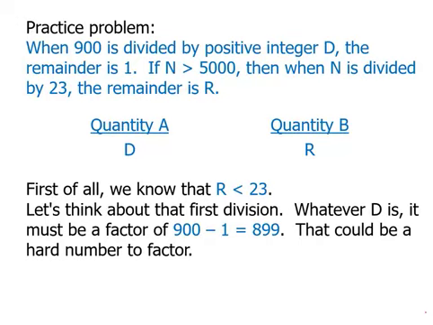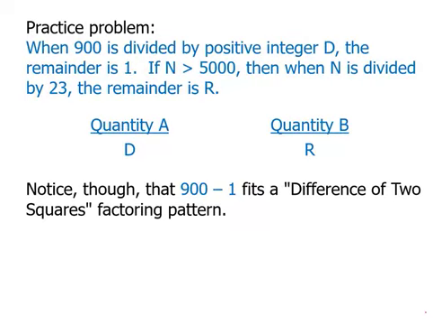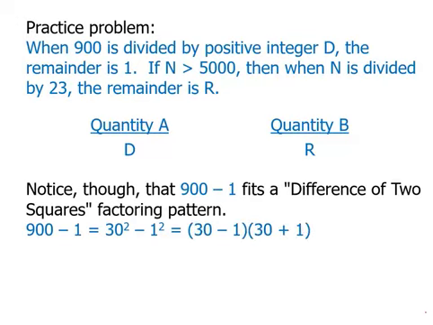Well, it might look like that's a number hard to factor. But you may remember from algebra that we had a video on advanced numerical factoring. And if that's one you haven't seen, that's a worthwhile video to go back and look at. That's what we're going to use here. We notice that 900 minus 1 fits a difference of two squares factoring pattern. 900 minus 1 is 30 squared minus 1 squared, which means it's 30 minus 1 times 30 plus 1, which is 29 times 31.